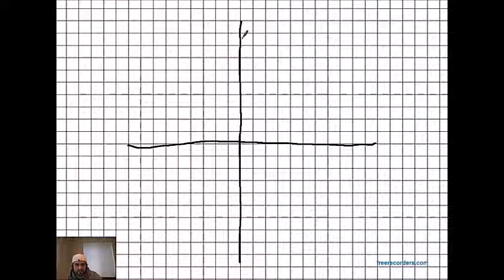So at 0, I've got this vertical asymptote. And I like to show my asymptotes by a dashed line. Negative 6, 1, 2, 3, 4, 5, 6. Okay, so here's another one of our vertical asymptotes. And 2.